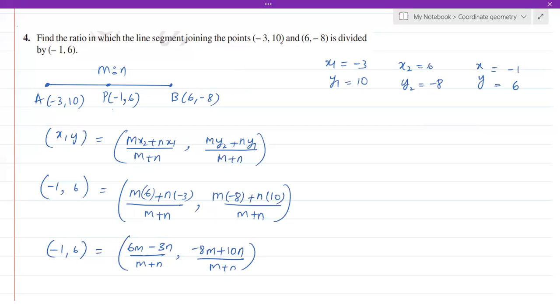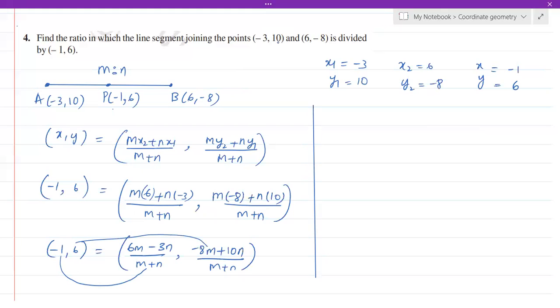Now what we are going to do here is equate. As you all know, the first formula, (mx2 plus nx1) by (m plus n), is to find x, isn't it? So we are going to equate the corresponding parts, the first part minus 1 with the first part.